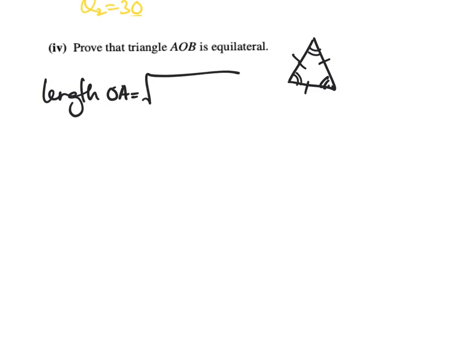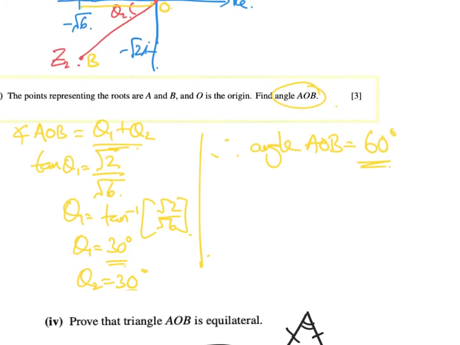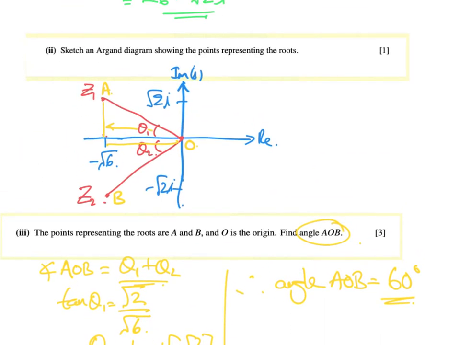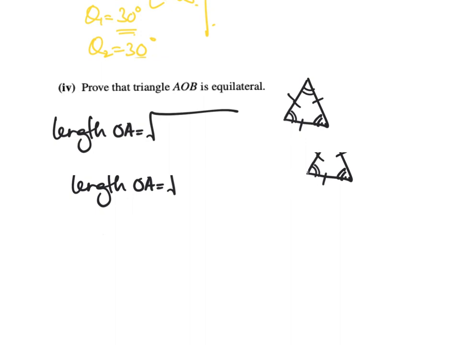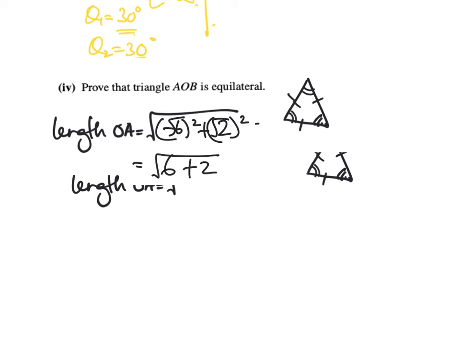O is (0, 0), and A is (−√6, √2). So we have (−√6)² + (√2)², so 6 + 2, and the answer is the square root of 8.